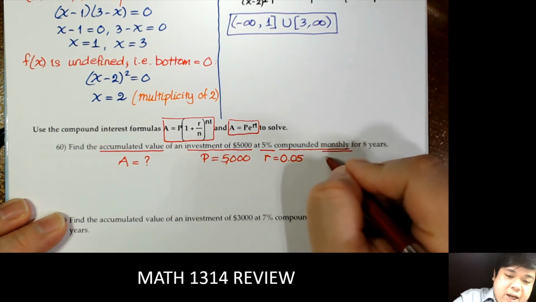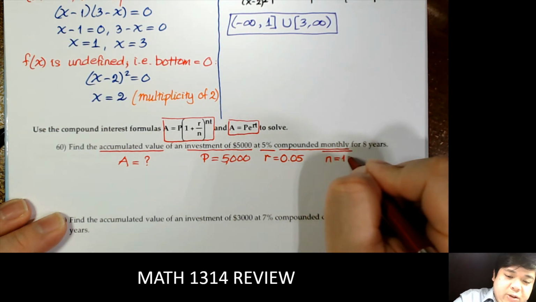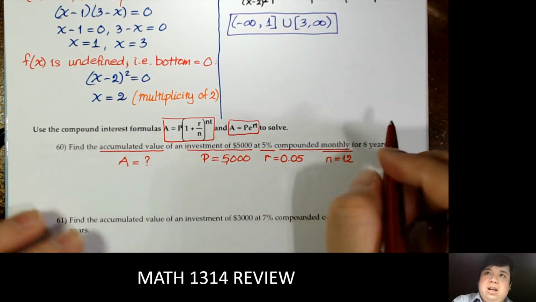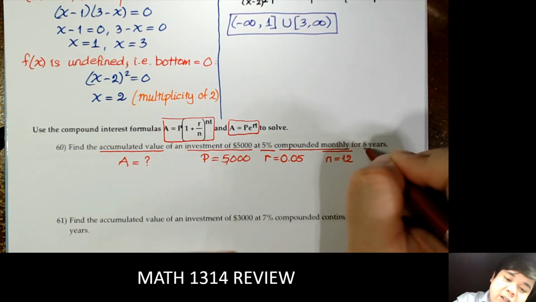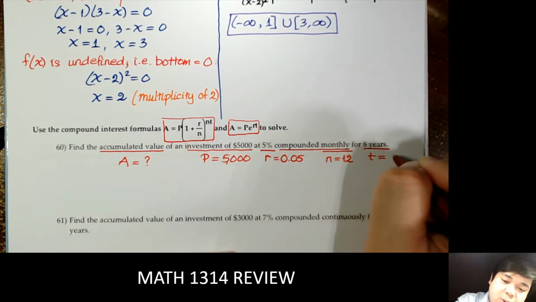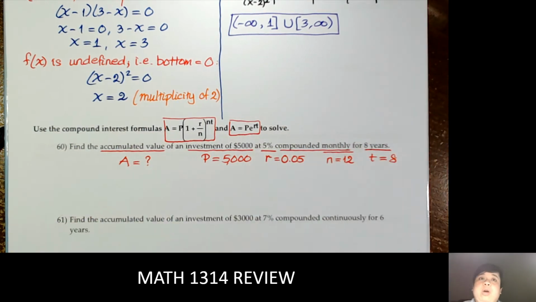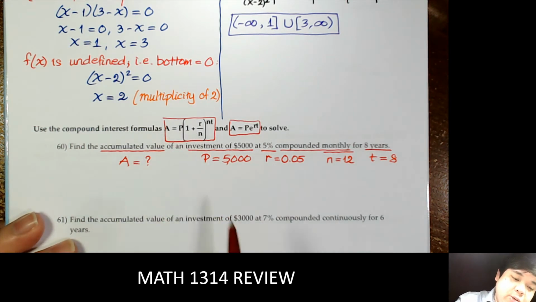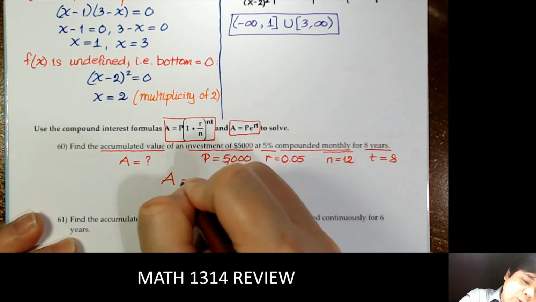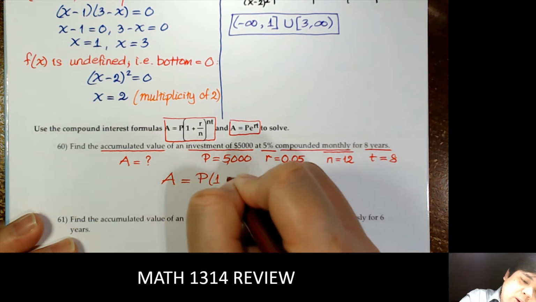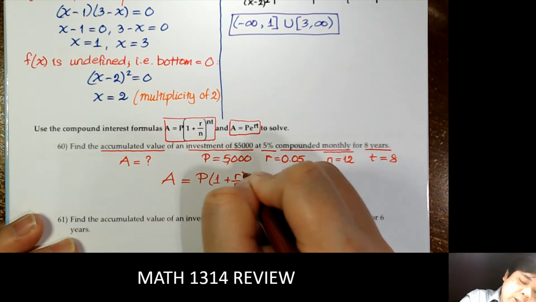Monthly is n equal to 12. 12 times a year, that is. And for 8 years, that means t is equal to 8. Right, so pretty much we have everything but the future values, accumulated values. So A equal to P times 1 plus r over n, to the power nt.